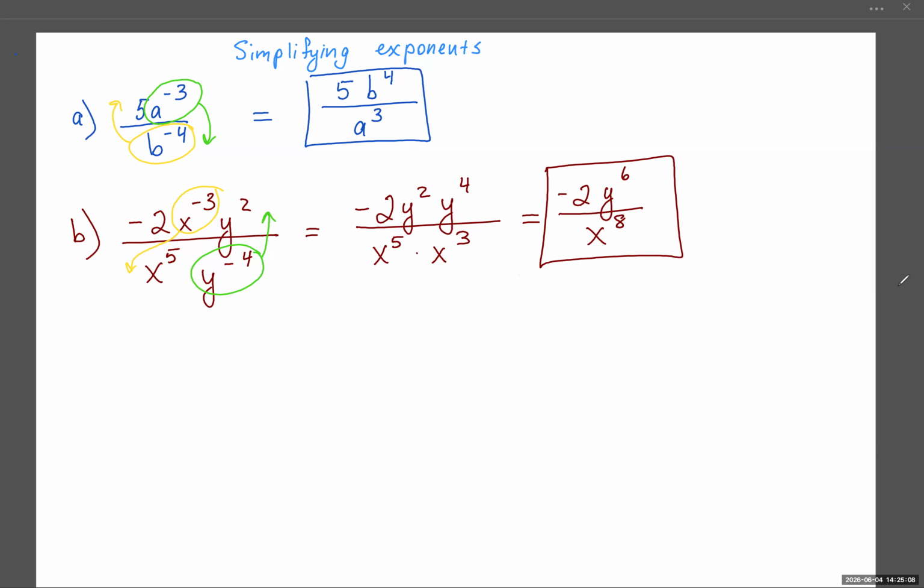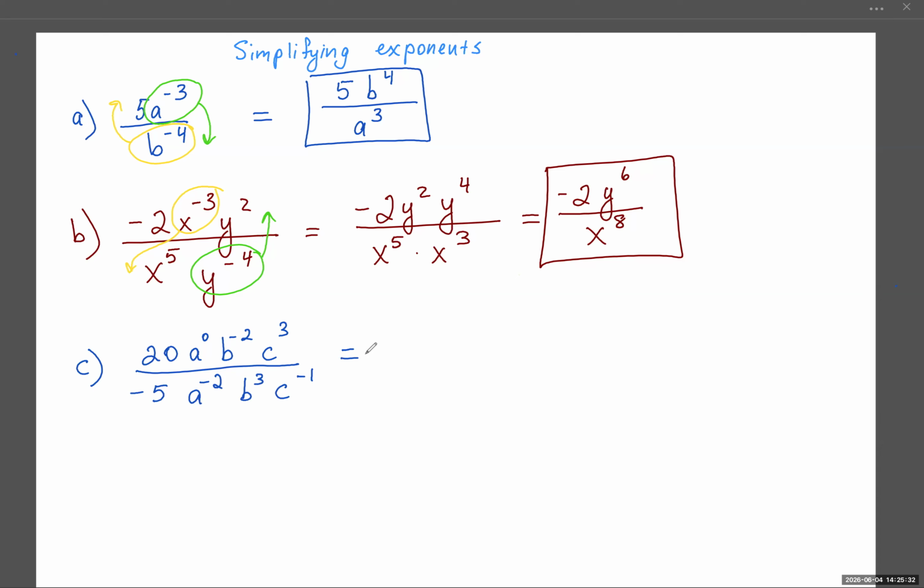Let's try another one. 20, a to the 0 power, b to the negative 2, c to the 3rd divided by negative 5, a to the negative 2, b to the 3rd, c to the negative 1.